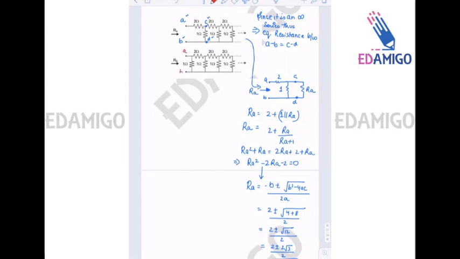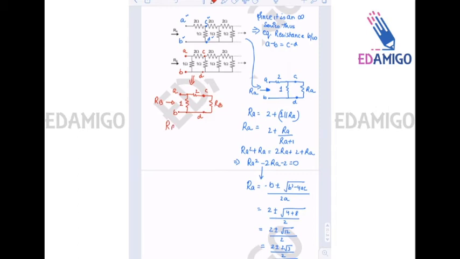So if this is the A and B terminal, and this is the C and D terminal, since it's an infinite series of resistances, I can say that the equivalent between C and D is equal to the equivalent between A and B. So this figure can be redrawn. The equivalent between A and B is RB, and the equivalent between C and D is again RB.